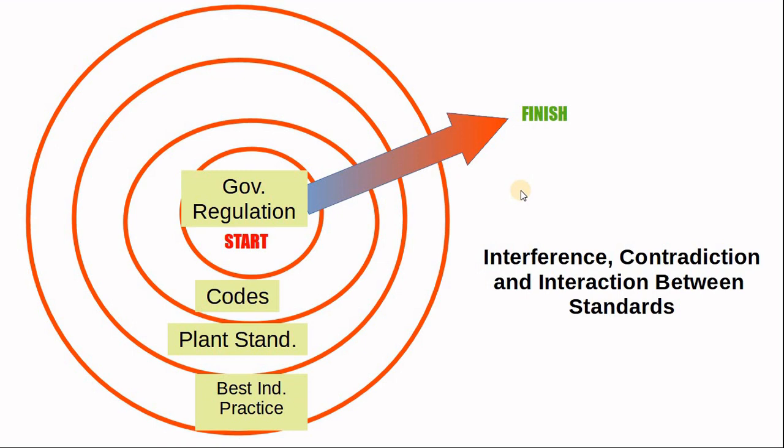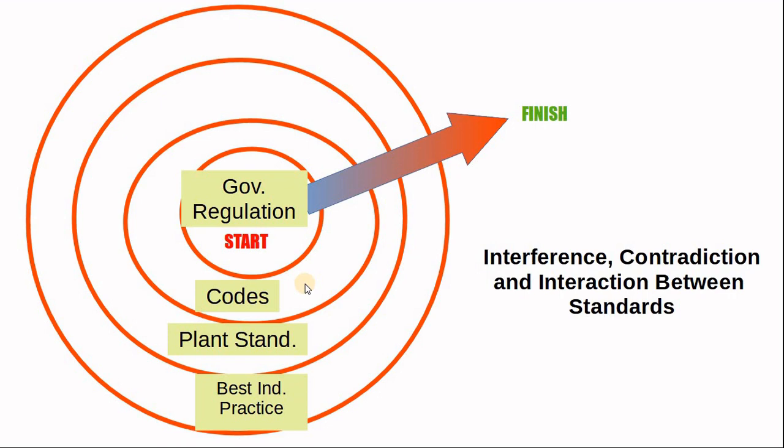Now, before we go to this, if you have followed all the stuff we talked about, what if there is a contradiction? How do you deal with a contradiction between some of those sources? If you are designing something, you have to start with the state, the government regulation. This is your starting point, and you have to follow whatever they want you to do.